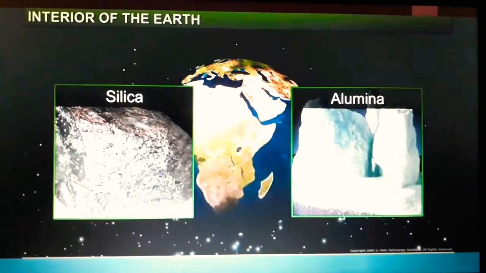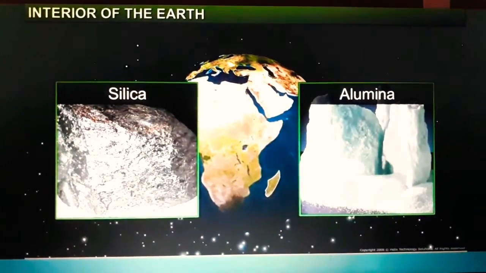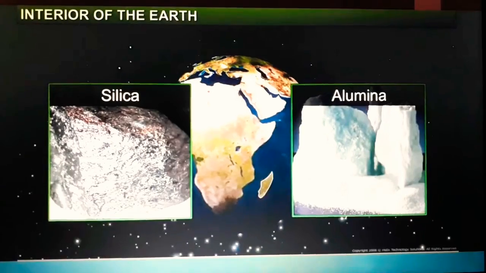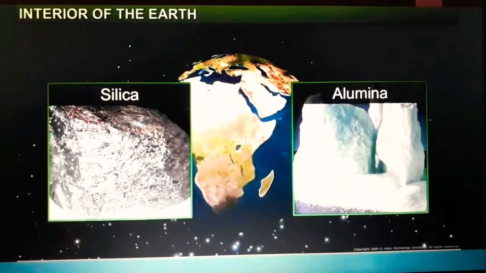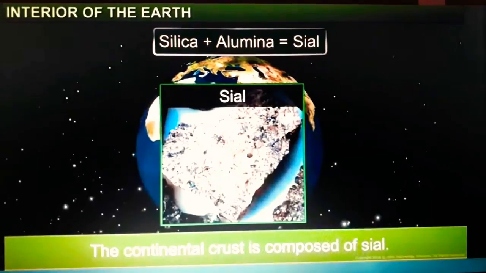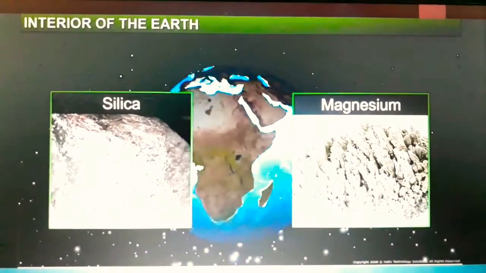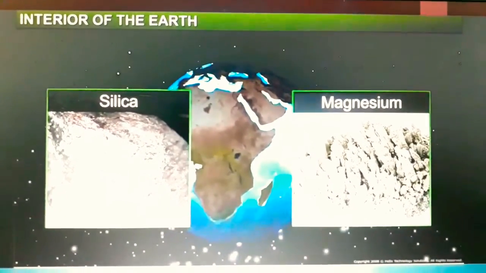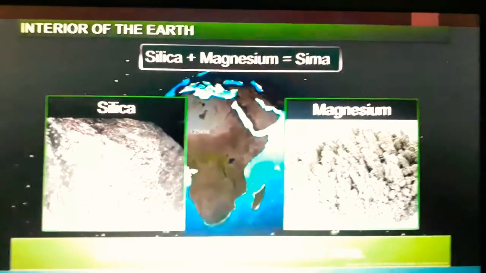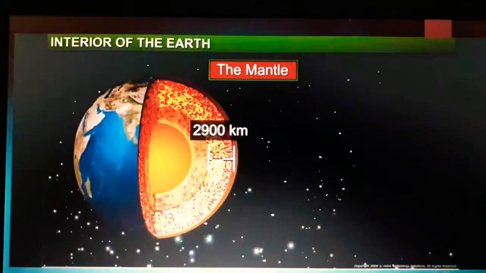Okay, and the continental crust consists of silica and alumina, right? That is sial. And the next one is oceanic crust, which consists of silica and magnesium. So that is sima. Okay.